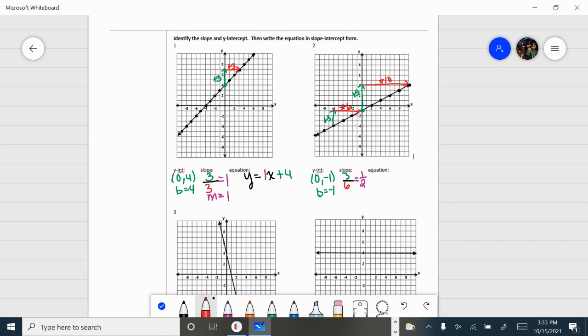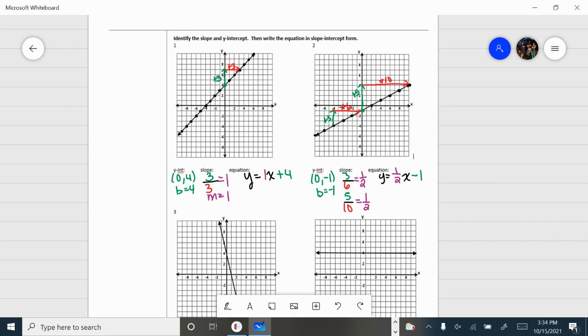So if I did 5 over 10, I end up simplifying to 1/2. So it does not matter which 2 points you choose, it will simplify to the same slope. So my equation is going to be y equals 1/2 x minus 1.